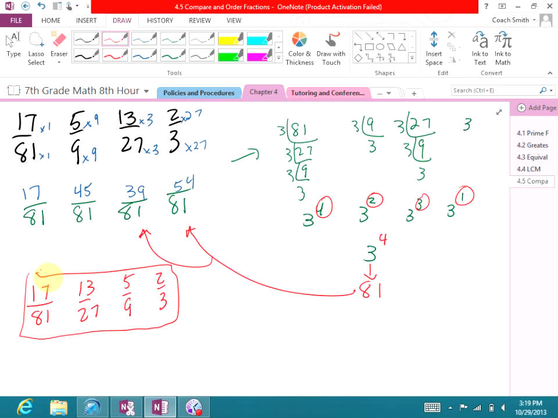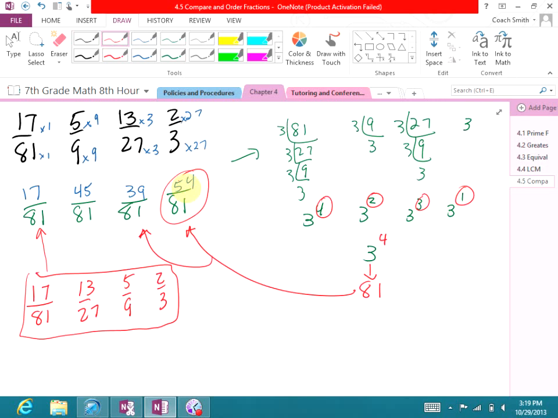No. 17 is over 81. Okay? 17 over 81 is this fraction right there. 2/3 is that fraction, 54 over 81. 54 over 81 is larger than 17 over 81. So you can't just do it by, for example, I can give you 100,000 over 1 million.